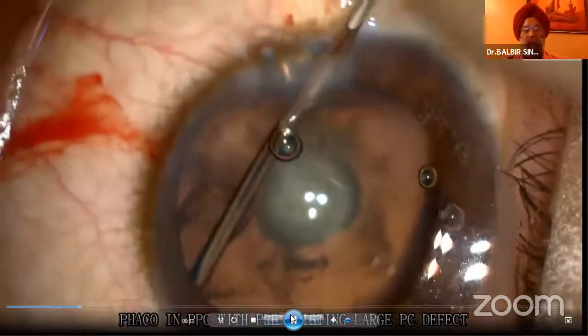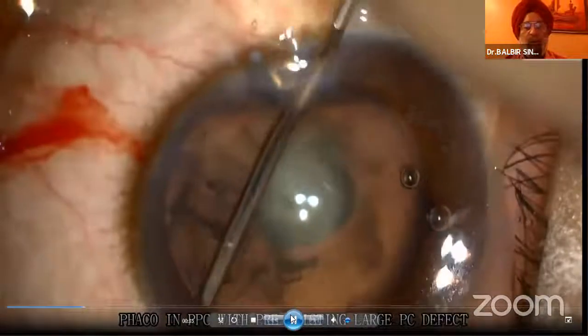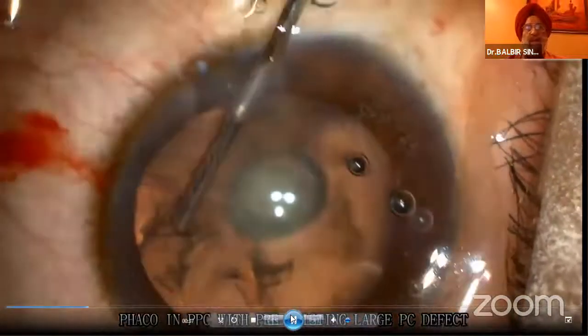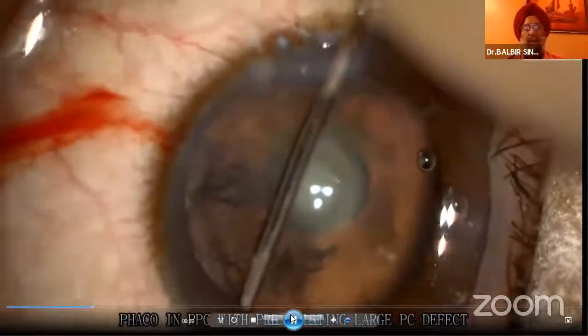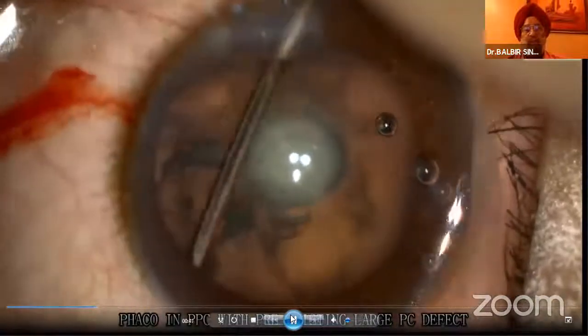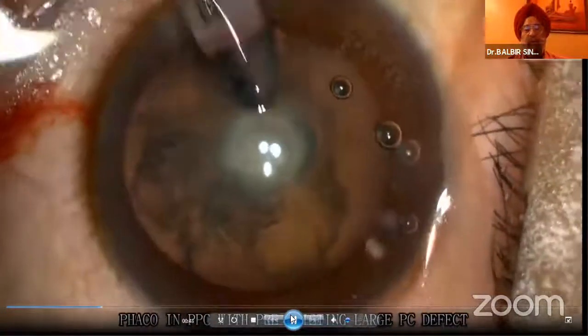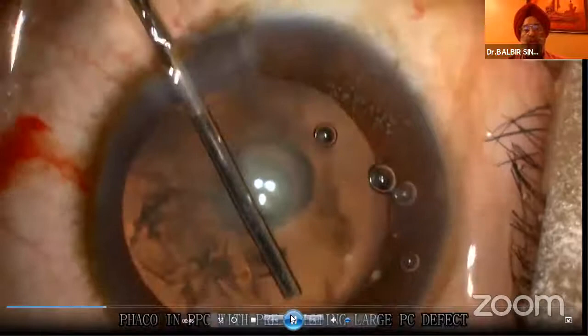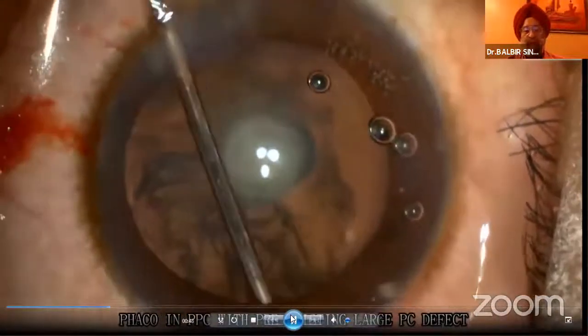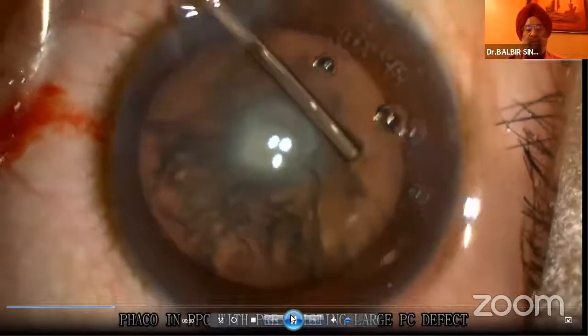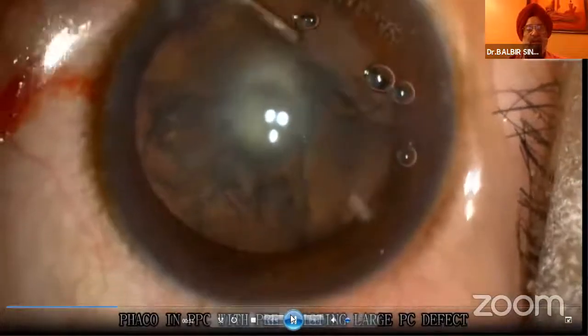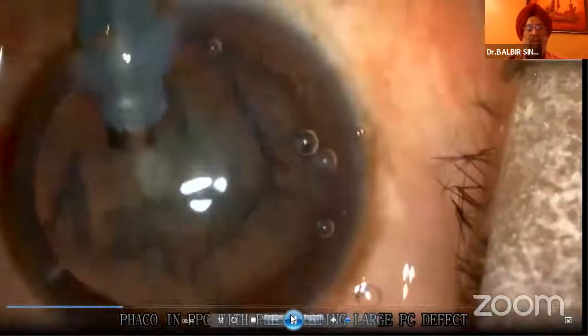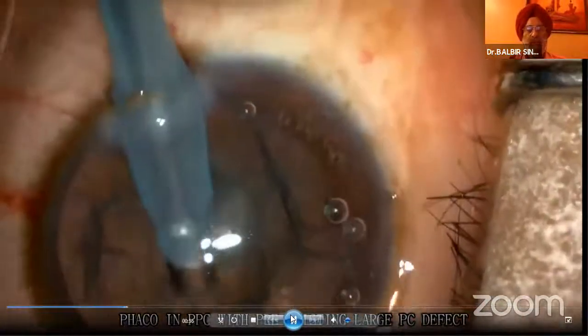Here is the point: I'm not allowing the fluid to go behind. It is only under the anterior capsule that I am putting some fluid, because I know there's a big tear, and I can see the outlines of the tear.